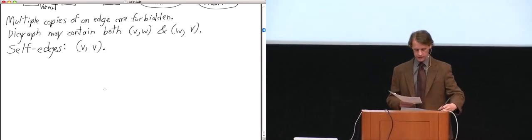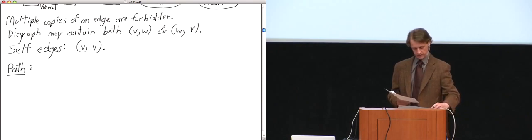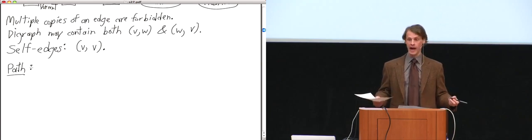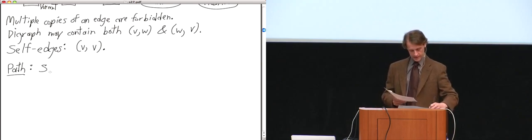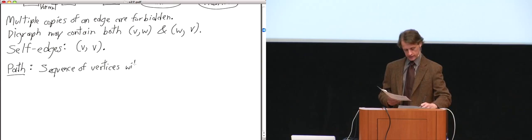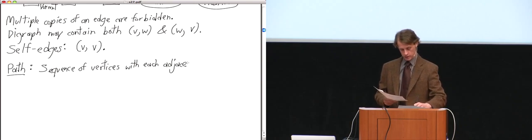We're going to need some definitions that we're going to use later for a variety of reasons. So here's a few definitions about graphs. There are paths through graphs, just like there are paths through trees. A path is a sequence of vertices. And we require that each adjacent pair of vertices in the sequence is connected by an edge.